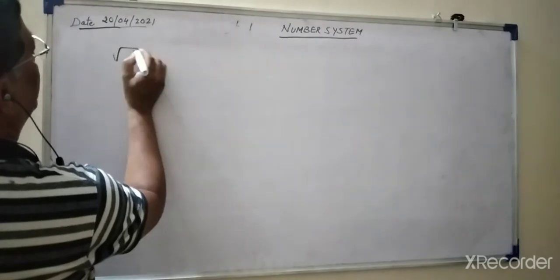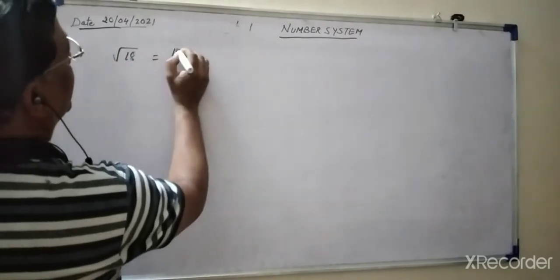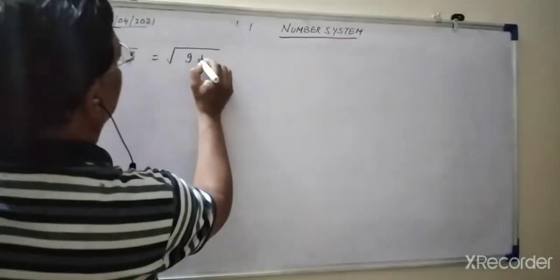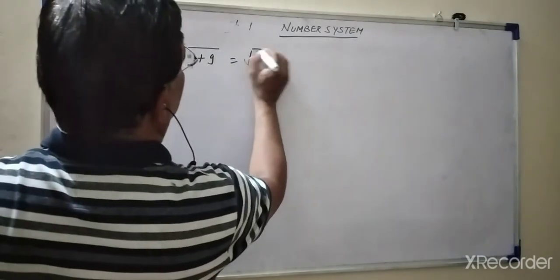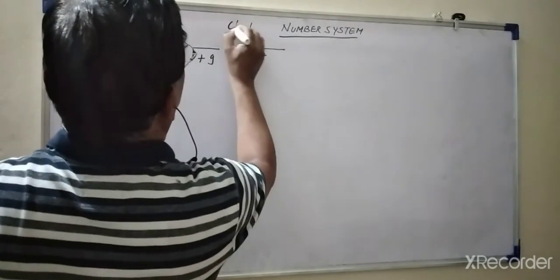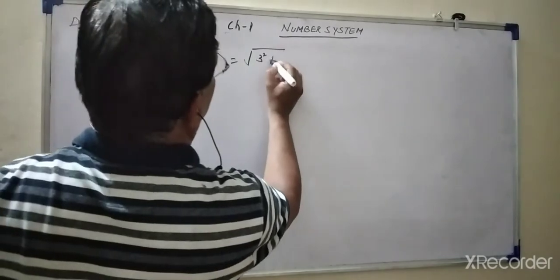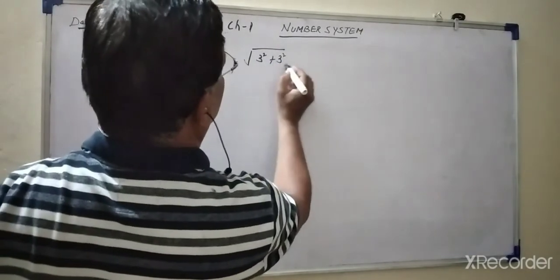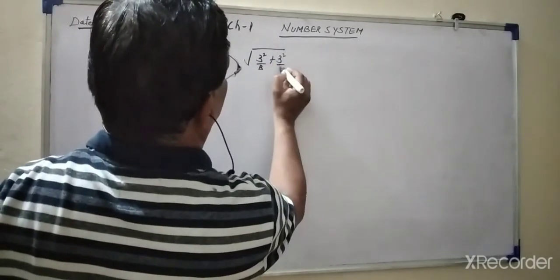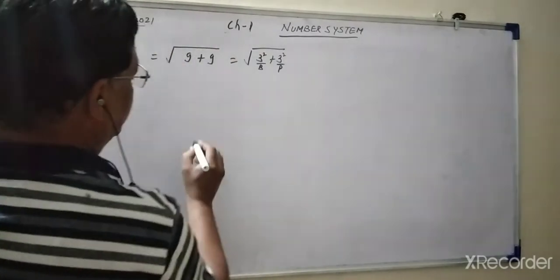Root 18 can be written as 9 plus 9. This 9 can be written as 3 square plus 3 square. In this case, we take the base as 3 units and the perpendicular also 3 units. So we draw a number line.